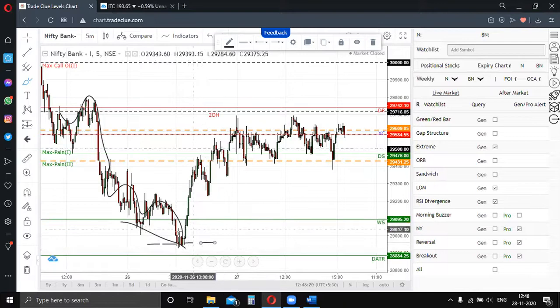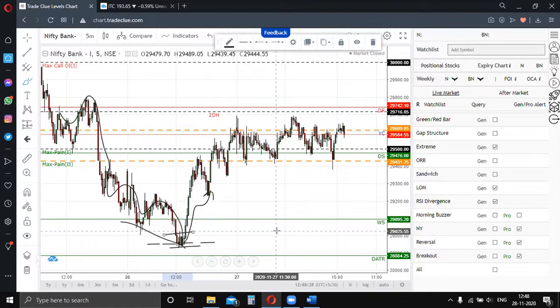If any condition meets your criteria, chances are good that it will take a U-turn from there. Not always, but chances are good that with a small stop loss you can get in. If the stop loss also hits, it will not damage your capital. So these are the things that you can use for the second half to get in for a bottom picking or a top selling.